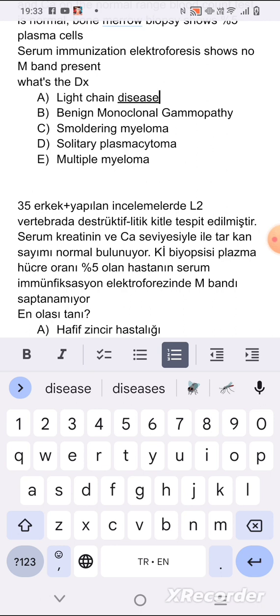Benign monoclonal gammopathy, again, is associated with increased light chains, which causes an increased erythrocyte sedimentation rate, ESR, and it will not be as significantly increased as it is in multiple myeloma. And benign monoclonal gammopathy looks like multiple myeloma, but presents more benignly, right?